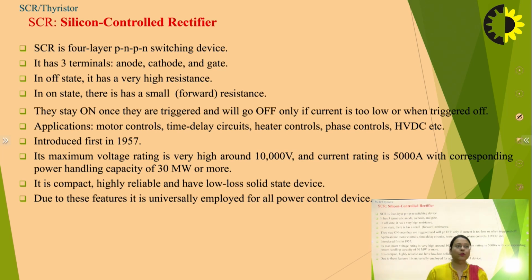Among the family, many semiconductor devices like GTO, PUT, DIAC, all these semiconductor devices have similar characteristics to those of the thyristor. So all these together are called the thyristor family.